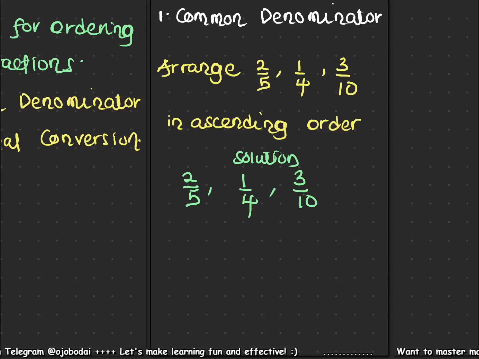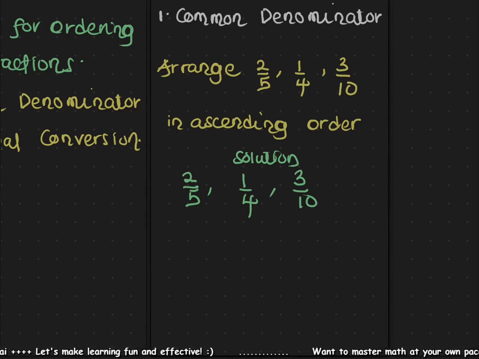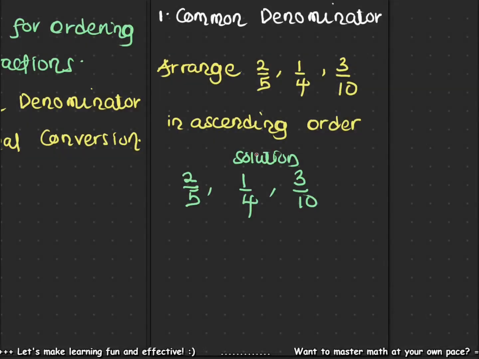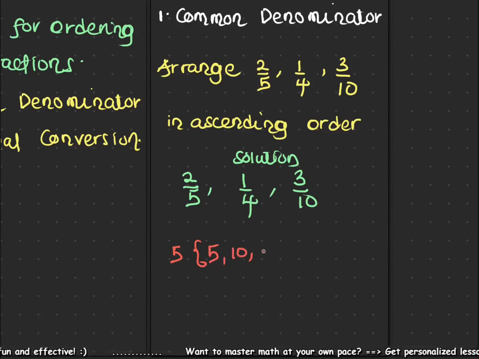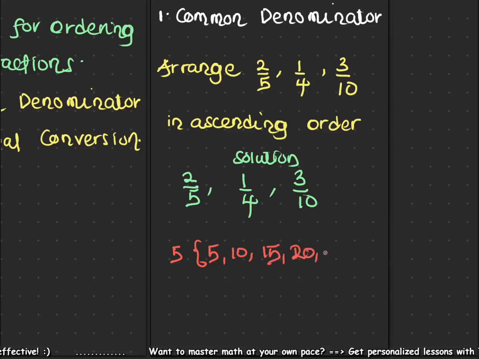For this first one, we'll write them out and get the LCM; in subsequent examples, I would assume you already know how to look for the LCM. So for 5, we look for the multiples of 5. We have 5, 10, 15, 20, 25, and it goes on and on.